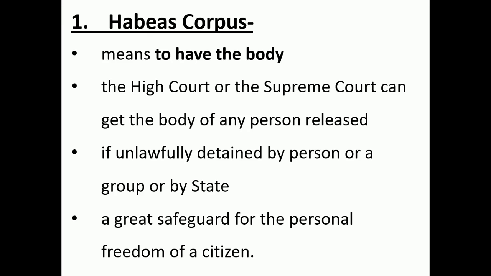So the first writ issued by the Supreme Court or the High Court is habeas corpus, which means to have the body. Now let's move to the second writ, that is mandamus.